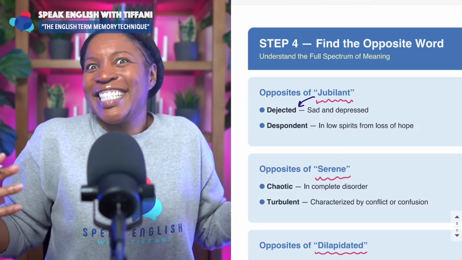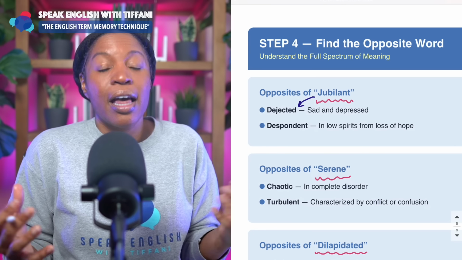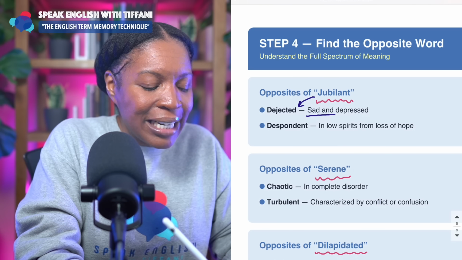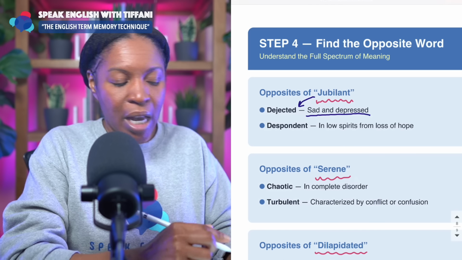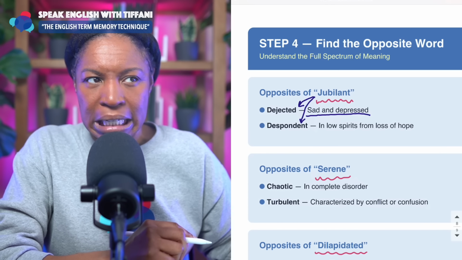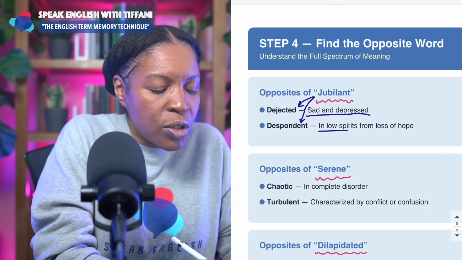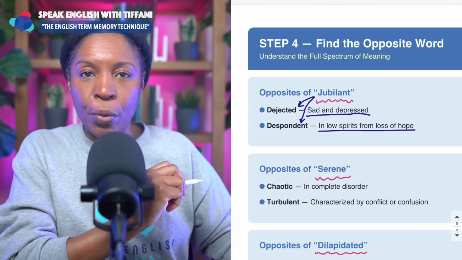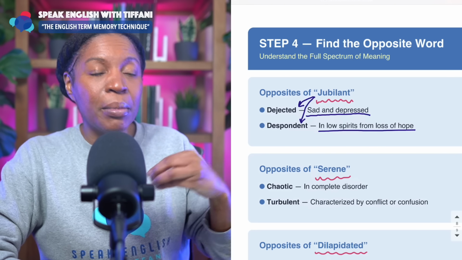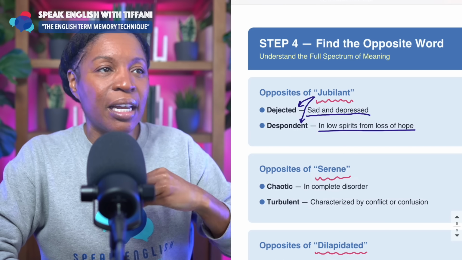Jubilant is happy, excited, elated, ecstatic. The opposite of that is dejected, which means sad and depressed. Then we have our second antonym, despondent, and that means in low spirits from a loss of hope. So for jubilant, the first antonym is dejected and the second antonym is despondent.